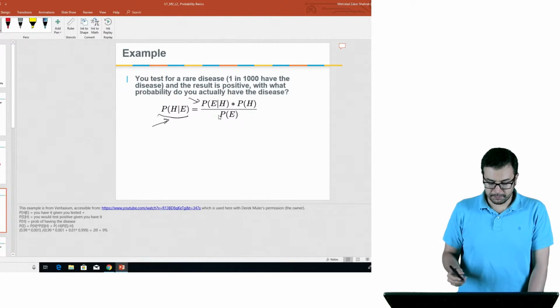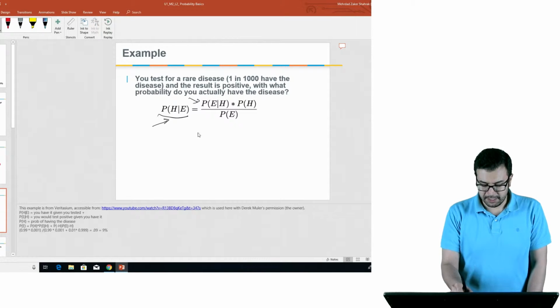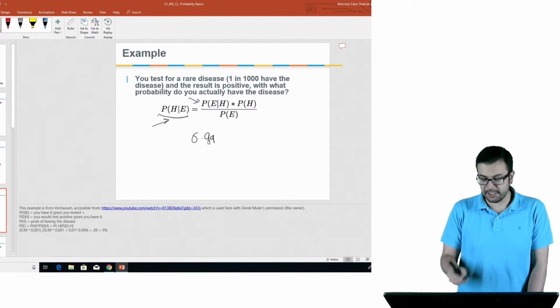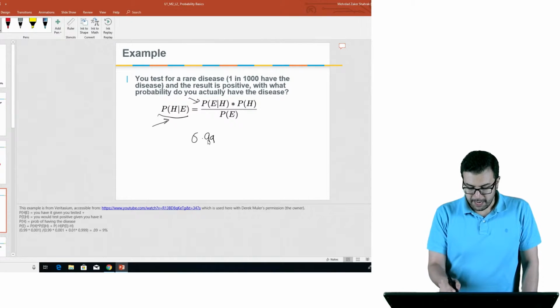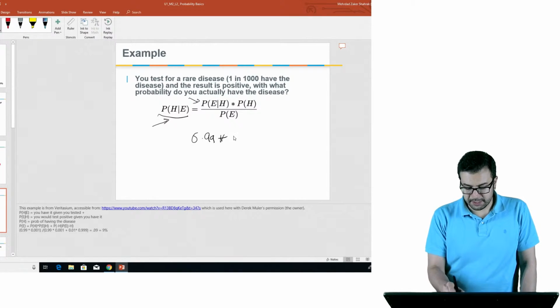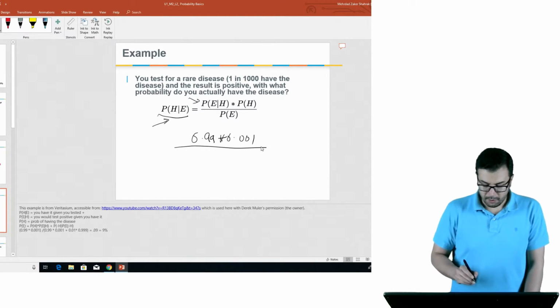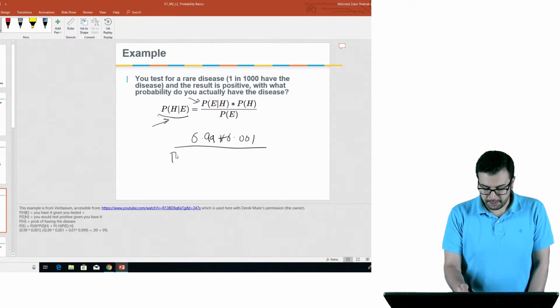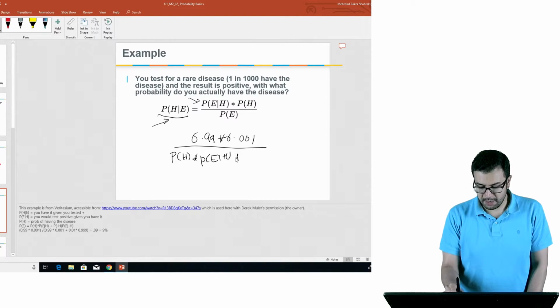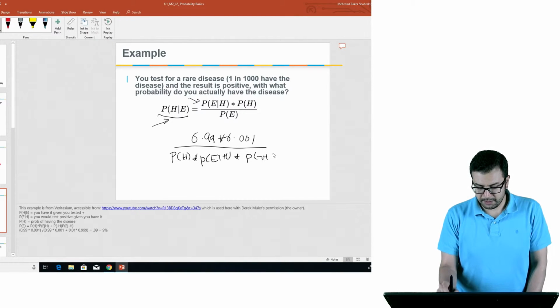Let's put some numbers. For instance, let's say the probability that the test is positive given that you have the disease is 99%, or 0.99. And as we mentioned, the probability of you having the disease is 0.001. So we have to divide that over the probability of E, which is the probability of having the disease times the probability that the test is positive given that you have the disease, plus the probability of you not having the disease times the probability of a false positive.